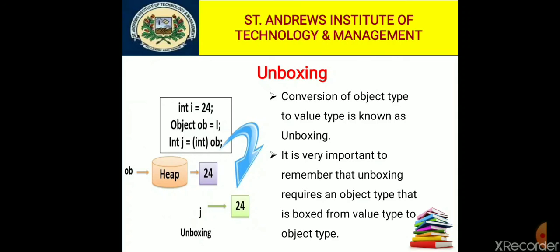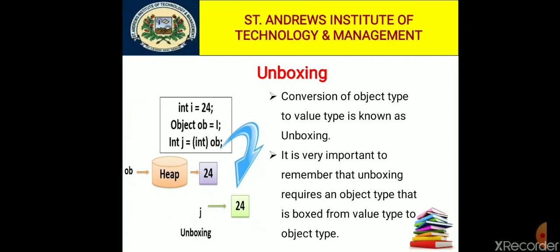Unboxing performs the opposite operation of boxing. Unboxing is done by an explicit conversion, and boxing is done by an implicit conversion. Unboxing is done by an explicit conversion from the type object to any value type.